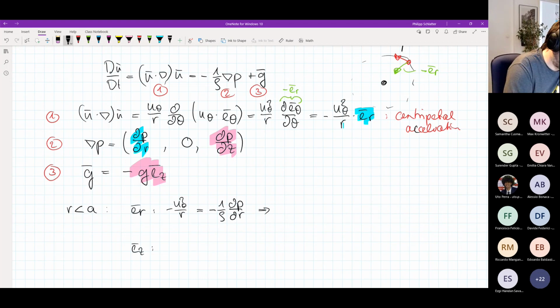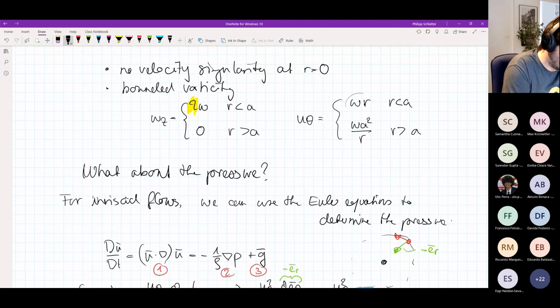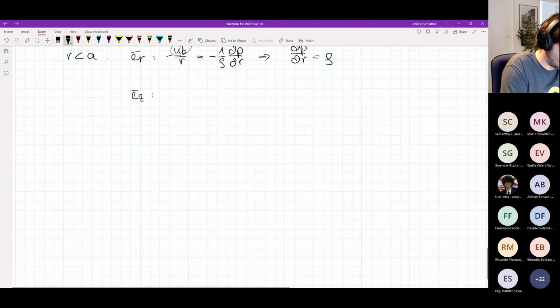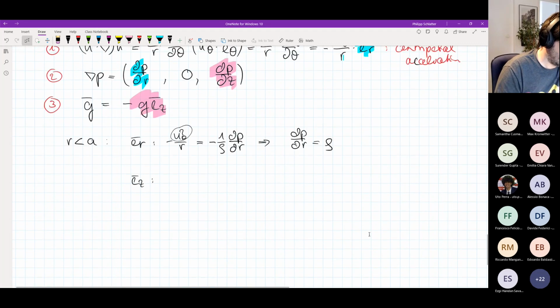And of course now we can solve this. That gives you then that dp dr is, well, rho times, in this case we can replace the u theta squared with the velocity, which we have here, so omega r. So we have rho times omega squared times r.